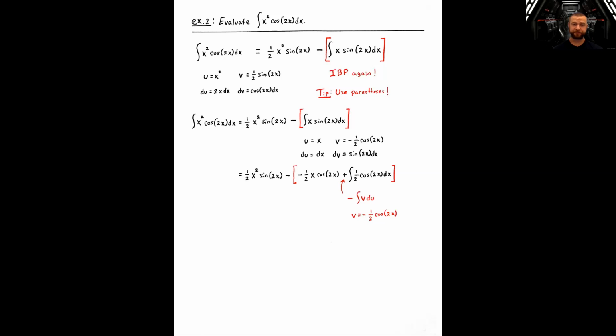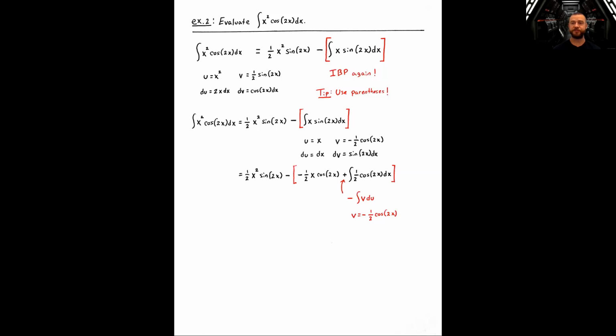You might see it. Our integration by parts formula involves minus the integral of v du. Notice in this second choice for v, there's a minus. That's going to lead to minus a negative. Be careful, you can cancel that as I did here. One minus comes from the integration by parts formula for the second time. The second minus comes from your second choice for v, which also has a negative. So just be careful with that.